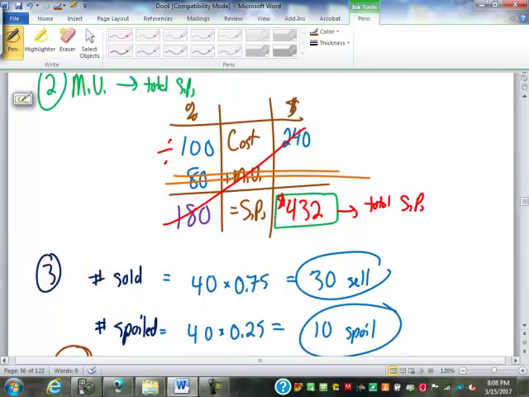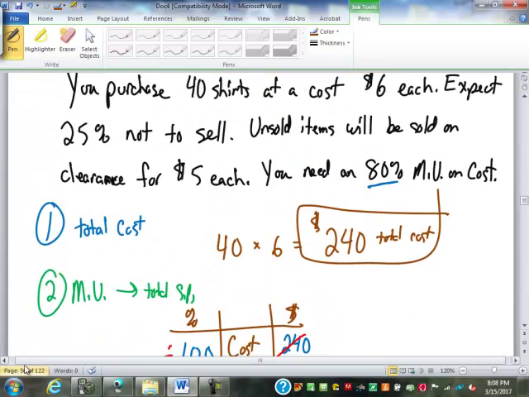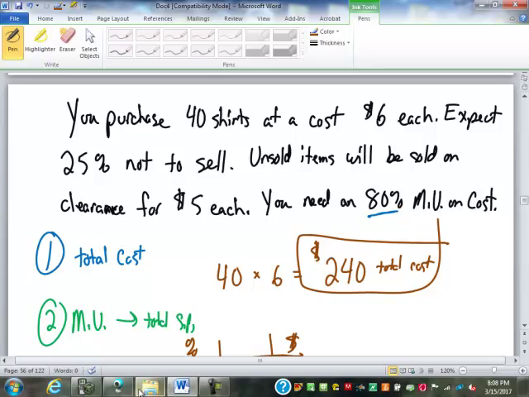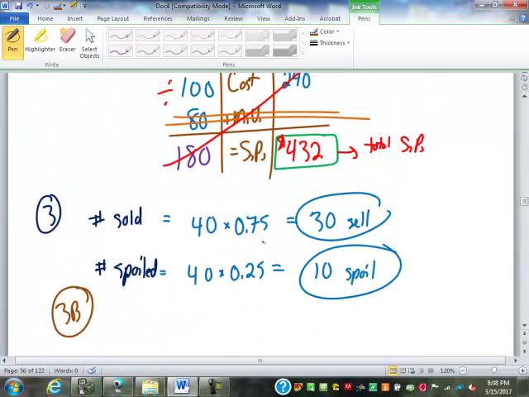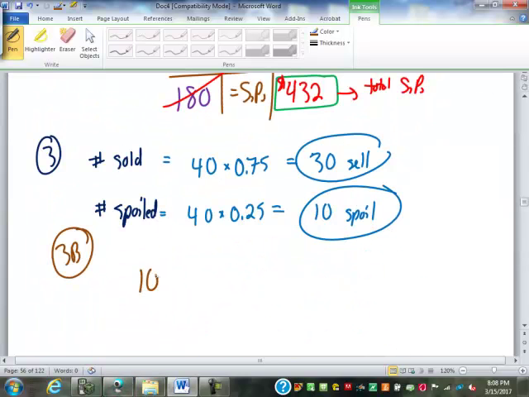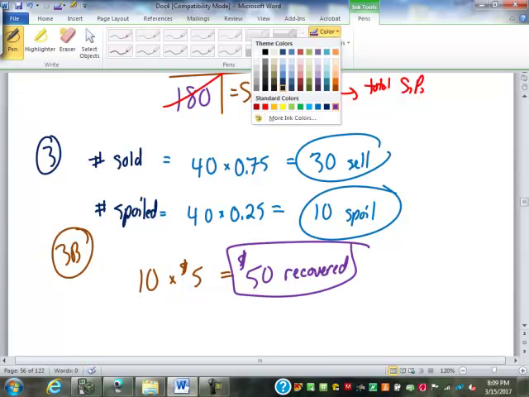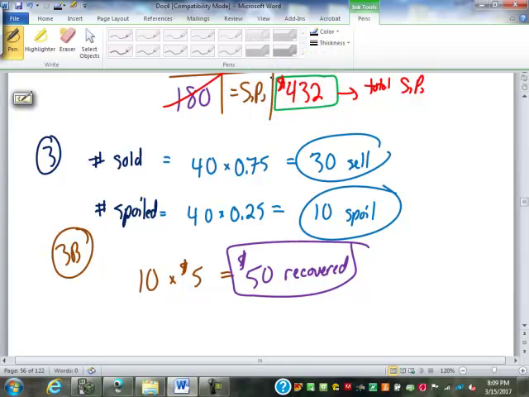Step 3B, we have the $5 clearance rack. So we're going to take our 10 that spoil times $5 each, which is going to give us $50 recovered. So now, step 4, we have our $432 that we need to sell here.